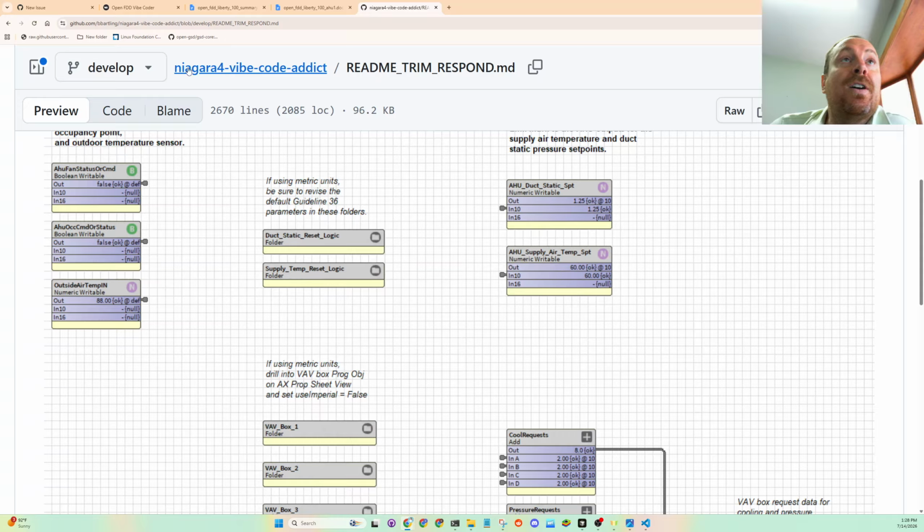I do have on the Niagara Vibe Code Addict free pre-built wire sheets for air handling unit duct static pressure and temperature, and these have been validated. I implemented these at a previous employment on about 60 air handling units for Guideline 36.